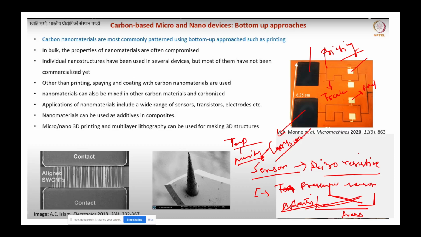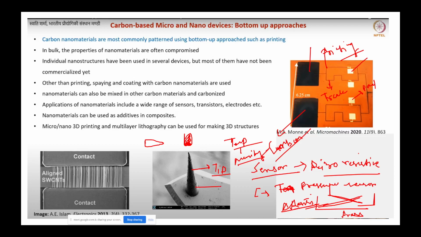Also, nano and micro 3D printing and multi-layer lithography can be used for making 3D structures. If you want good 3D structures, suppose a needle kind of shape, then you can manufacture it and get a good shape by using a 3D printer. Here you can see this shape.